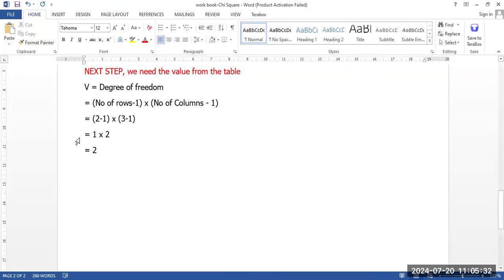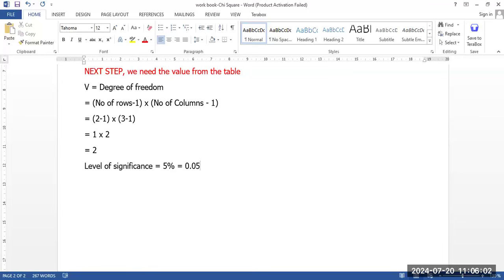They told us that the level of significance is 5%, which is the same as 0.05. Now, the question is, do we divide this by 2 or we leave it?